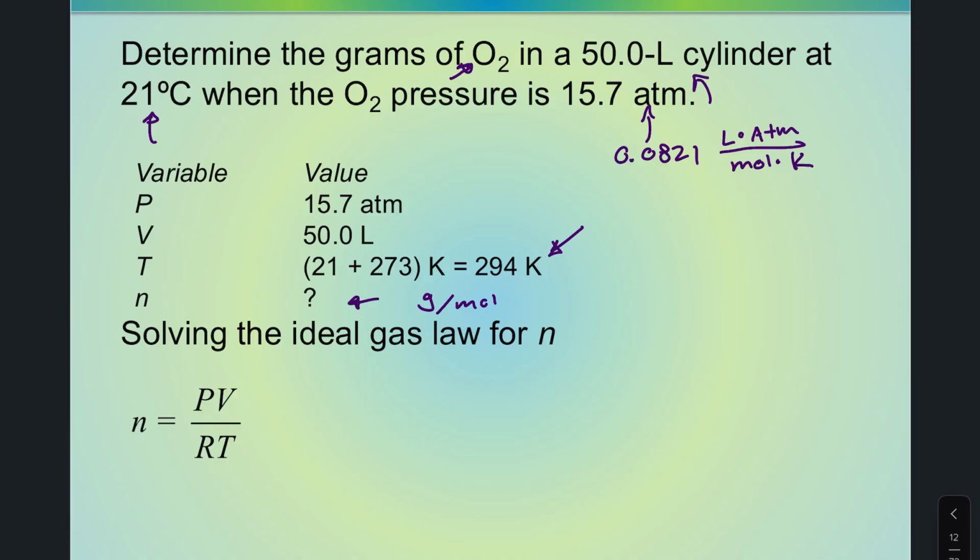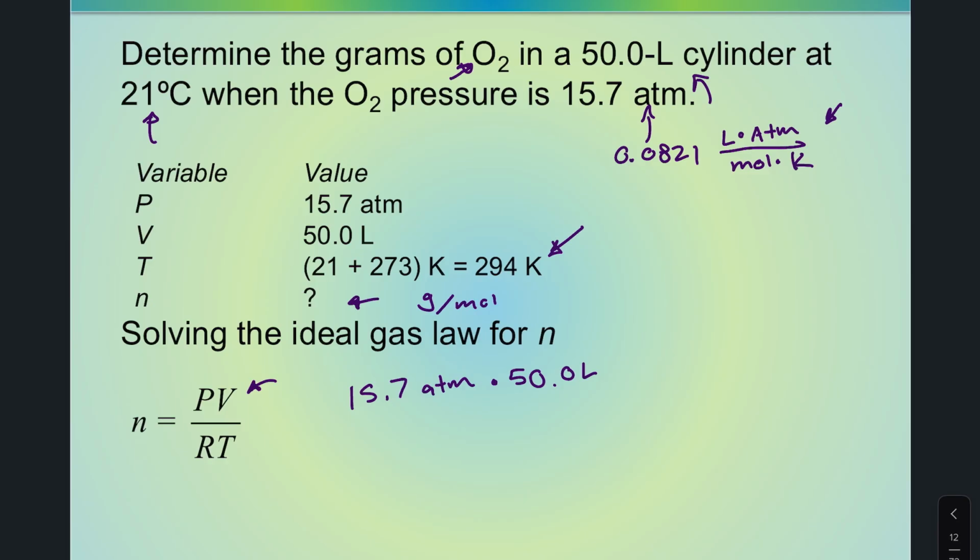So what we'll do is take the pressure, which is going to be 15.7 atm, and multiply it by the volume. We've rearranged it already over here. That's very kind. The volume is 50.0 liters. Keep in mind that we have the same units up here already, so that's perfect.